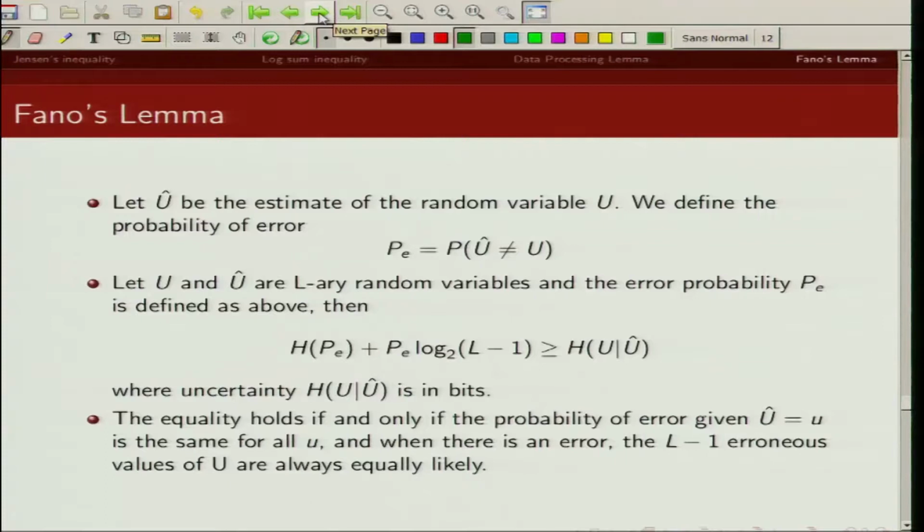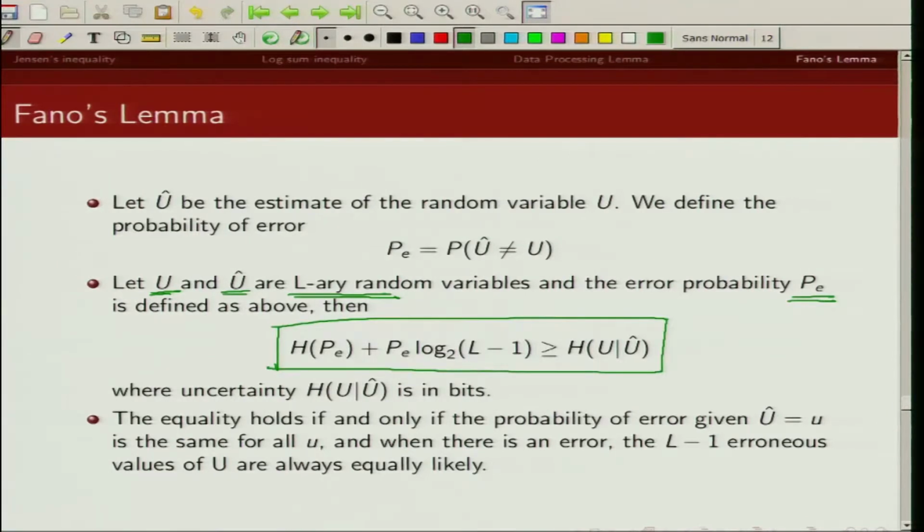Now what Fano's lemma says is as follows: if u and u hat are L-ary random variables and the probability of error is given by P sub e, then this relation holds. The binary entropy function, that is, the entropy of Pe, plus Pe log of L minus 1, is greater than or equal to uncertainty in u given u hat.